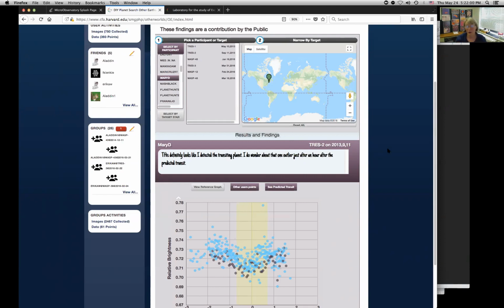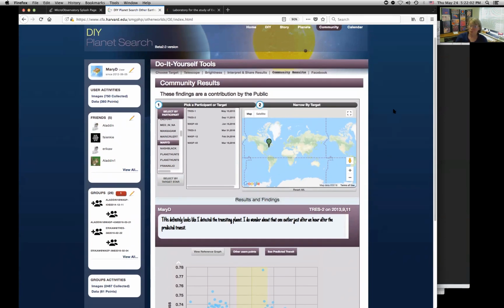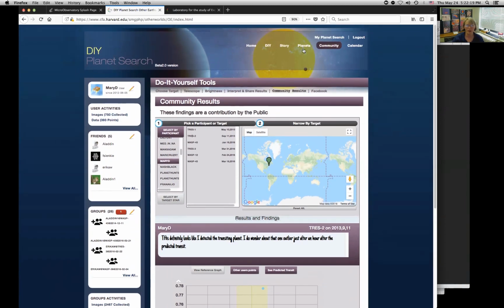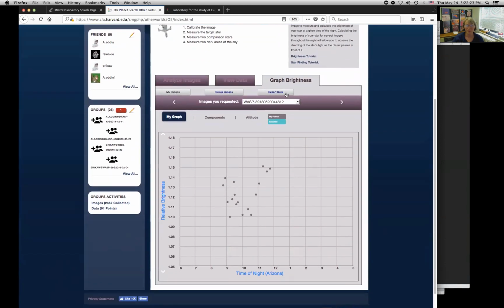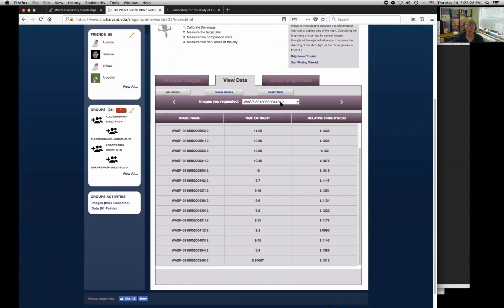All right. So that's publishing in DIY. I actually think I'd like Martin, if you could come on and talk a little bit about one of the things that you can do with DIY data. If I go back to my brightness tool here, if I look at my data, you can see that I have this option to export that data right here.